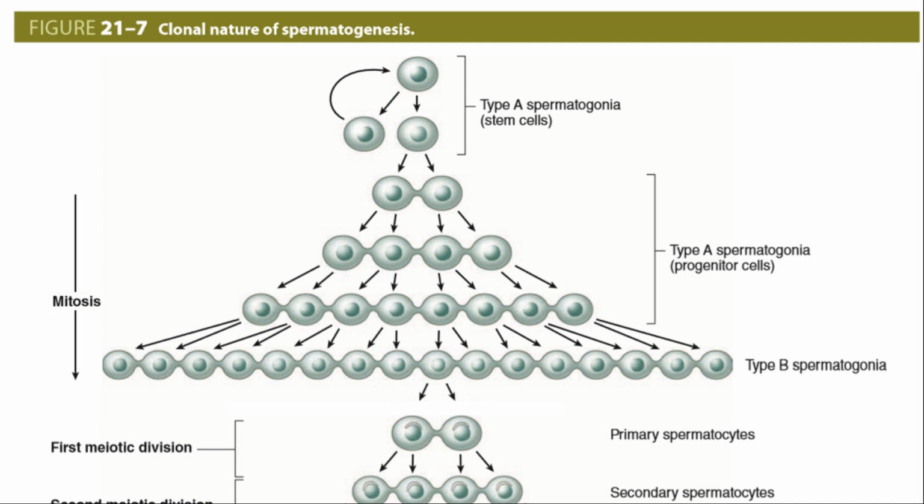Now, yung illustrations na pinakita ko so far ay napakasimple lamang, but in reality, things are actually more complicated. In reality kasi, class, yung mga type A spermatogonia, and then later yung mga spermatocytes and spermatids na na-produce, they are actually not produced in a typical way. May something na unique sa kanilang cell division.